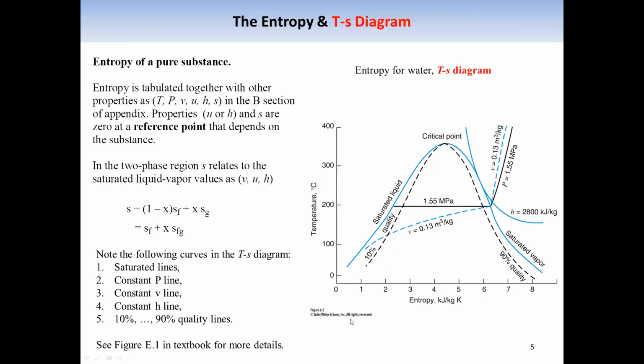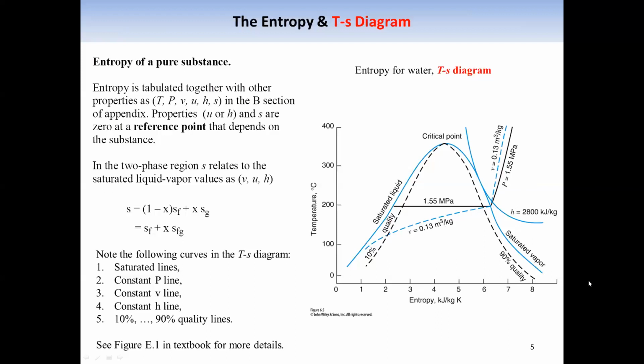And for the constant volume line, constant specific volume line, we have something like this. The slope is higher inside the phase envelope than outside the phase envelope.